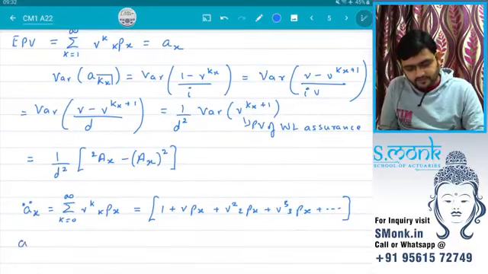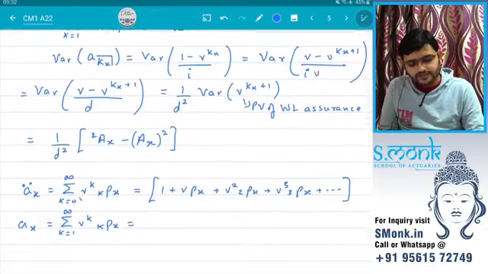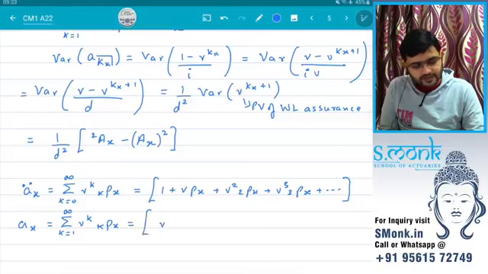Similarly, if I write ax, it was summation k going from 1 to infinity v raised to k kpx. So the only difference is k equals 0 is missing here, right? Otherwise all other values are the same. So that becomes v px when I put k equals 1, plus v square 2px plus v cube 3px. This goes on forever.